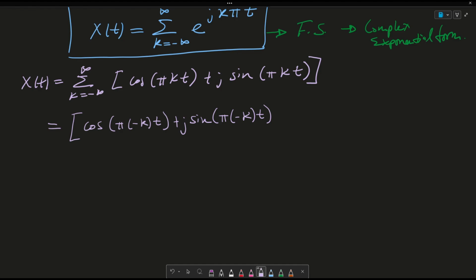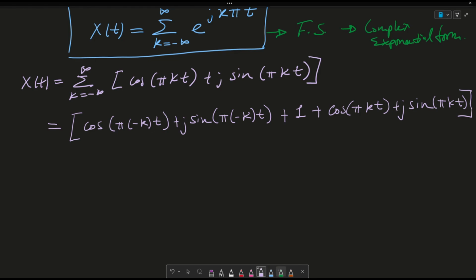Okay, so that's the negative values. For k is equal to 0, sine, this here goes to essentially 0, and this here goes to 1. So we're going to get a plus 1. And then for positive k, we're going to get a cosine pi kt plus j sine of pi kt.